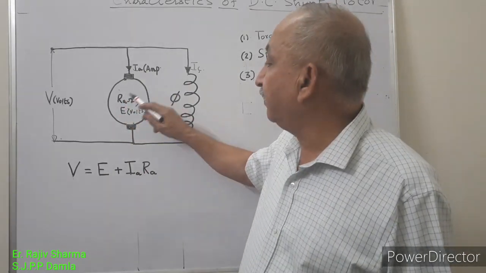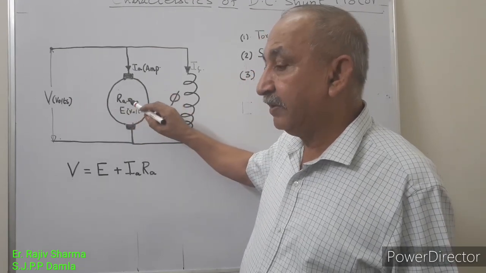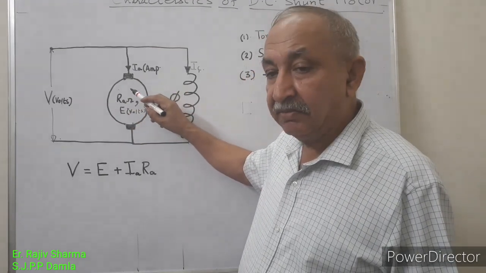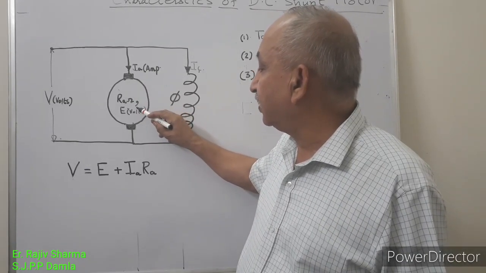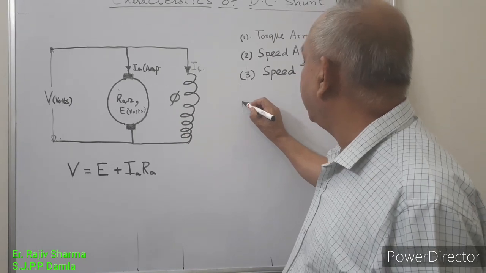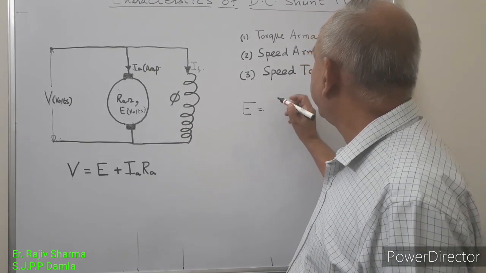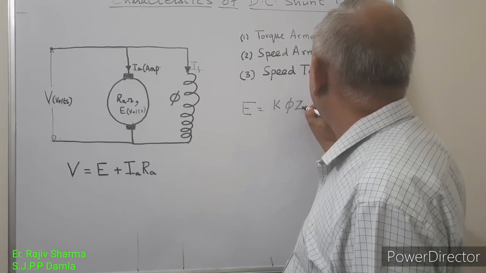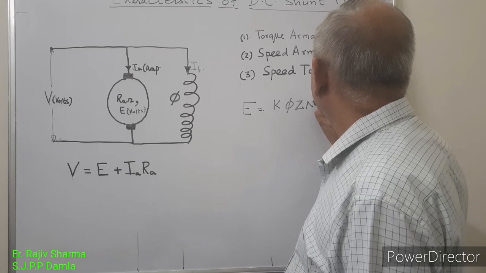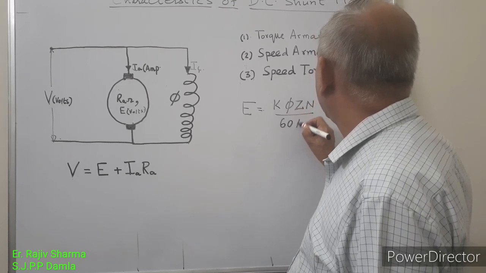E is the back EMF which is developed in the armature due to the generating action. When we apply voltage to the DC motor, the armature rotates, and when it cuts the magnetic field, the generating action also takes place in the armature. This induced EMF, the back EMF, E is equal to K phi Z N upon 60A.